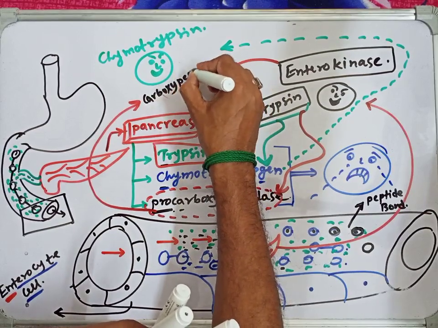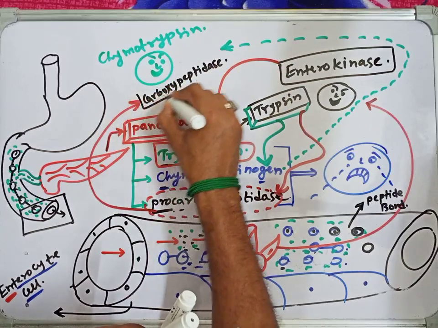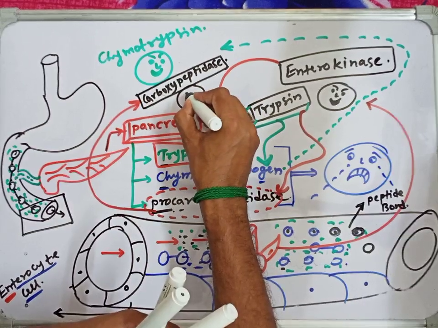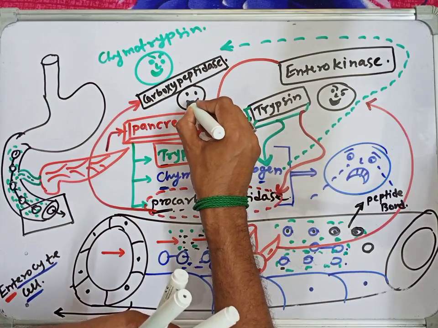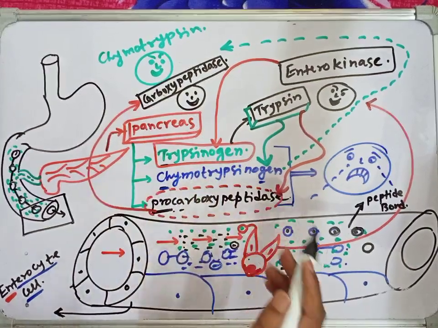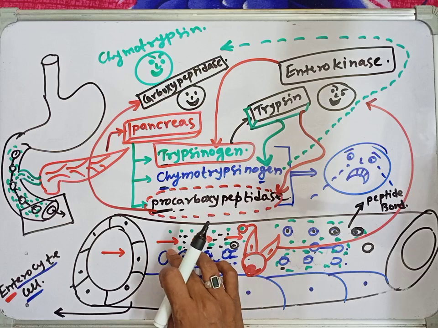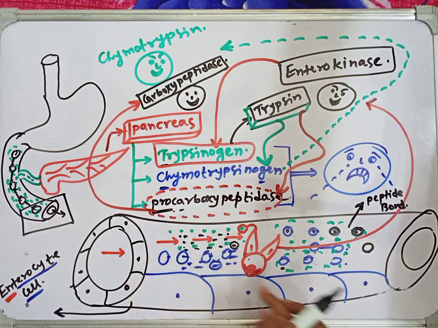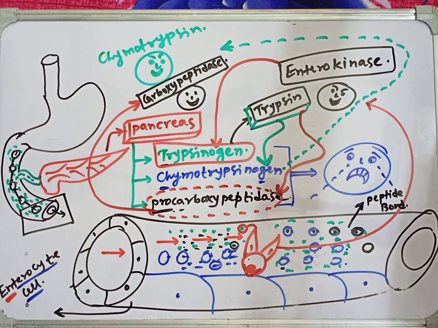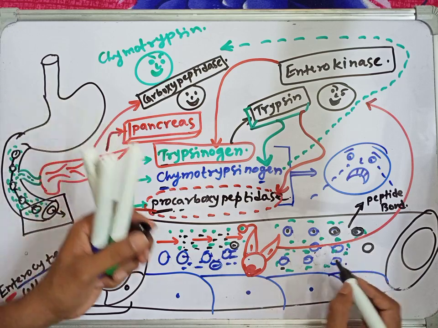Carboxypeptidase, peptidase, right? And this carboxypeptidase is again an activated enzyme, and this enzyme again digests the bond between amino acids, that is the peptide bond, and there is eventually the digestion of protein, right?